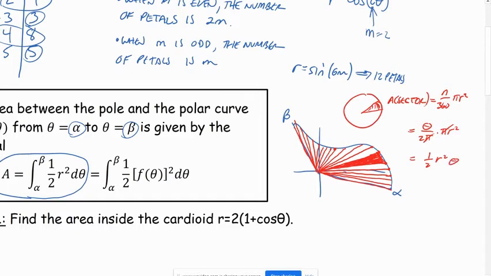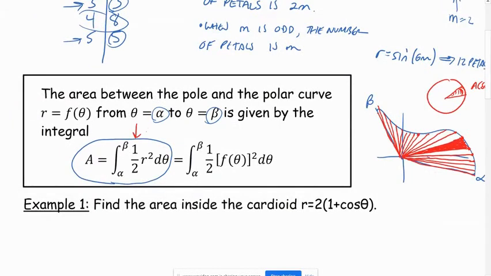So the area of a sector is 1/2 r squared theta, and that's why in the integral it's 1/2 r squared d theta, because if you imagine each one of these sectors that I'm drawing over here has an infinitesimal change in angle, which we would call d theta. So we're drawing a skinny little sector like this with an angle of d theta. And so if we add up all of those possible sectors, that's what the integral does.